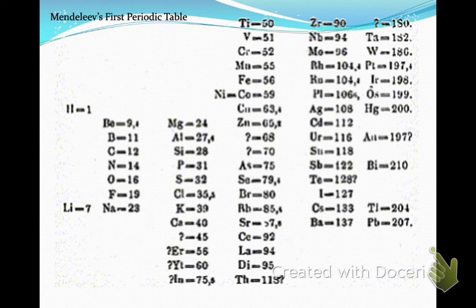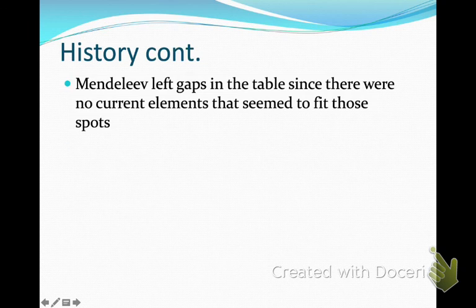I also want you to notice that he's got some question marks in here, right? He had some predictions that he made about elements that were going to be discovered. So he even left some spots. He left gaps in the periodic table since there were no elements that seemed to fit in those spots, yet he knew, based on the patterns that he had written out, that there should be elements that fit those spots.